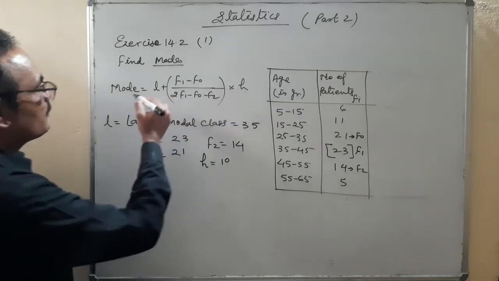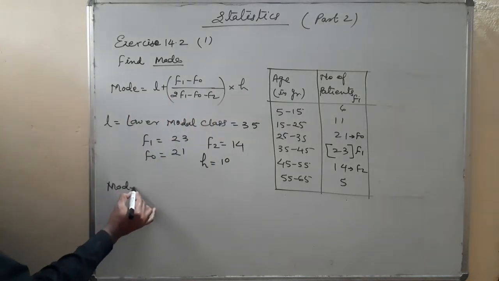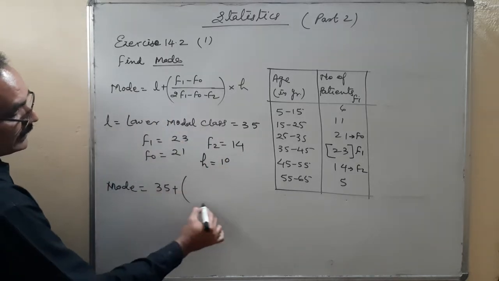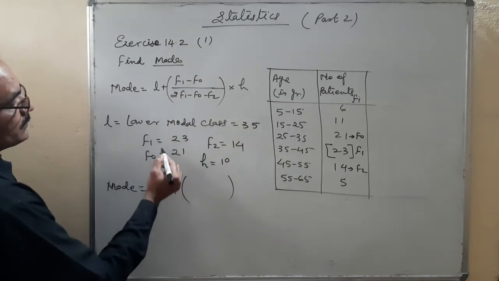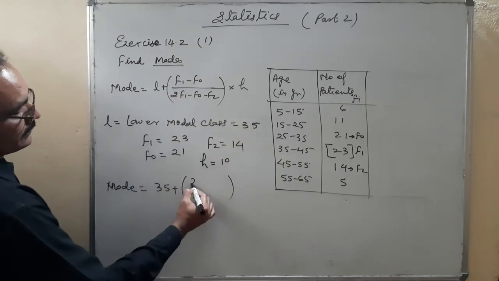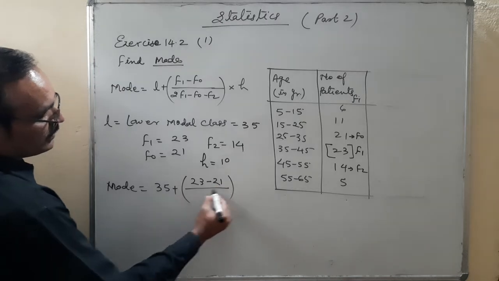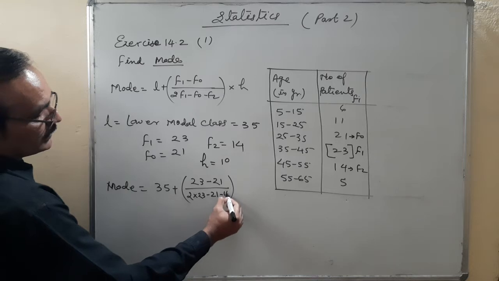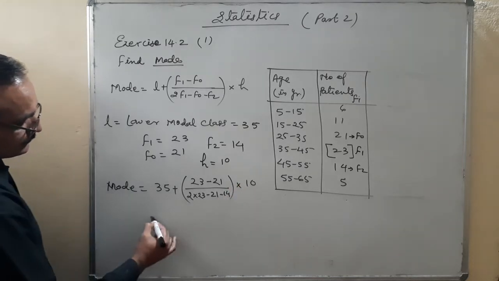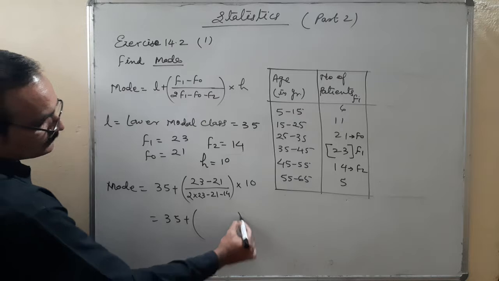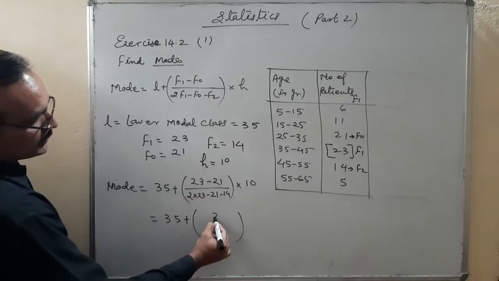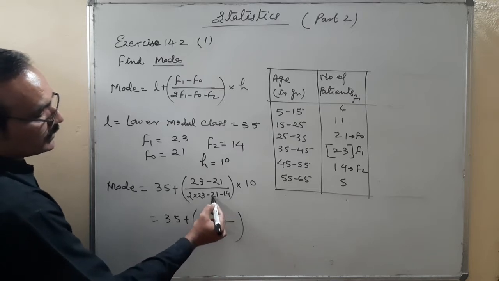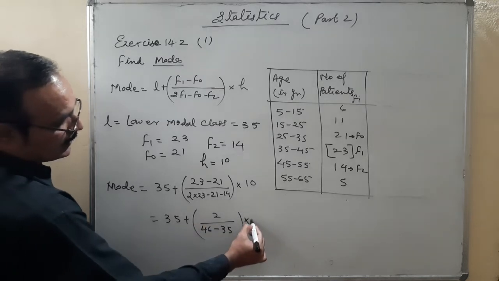Now nothing else to do; we have to put in the values. Mode is equal to L, which is 35, plus in a bracket F1 minus F0, that is 23 minus 21, upon 2F1 minus F0 minus F2, that is 46 minus 21 minus 14, multiplied by H, 10.